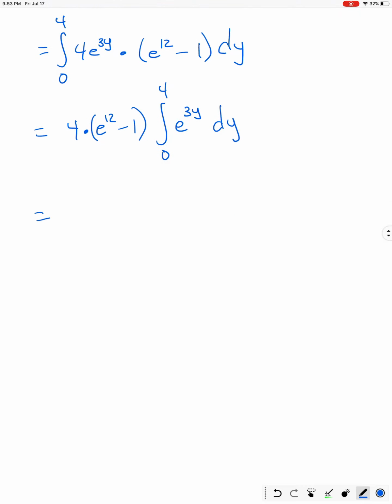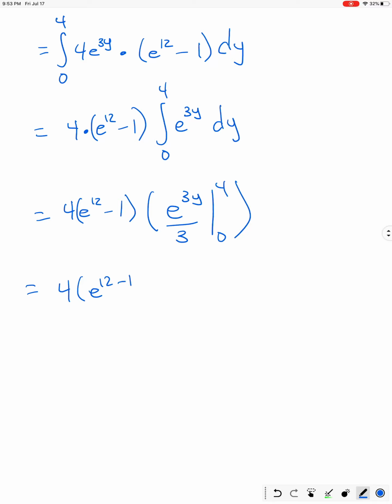Now I can just deal with that antiderivative. So 4 times e to the 12th minus 1, and then the antiderivative of e to the 3y is e to the 3y divided by 3. Evaluate that from 0 to 4.